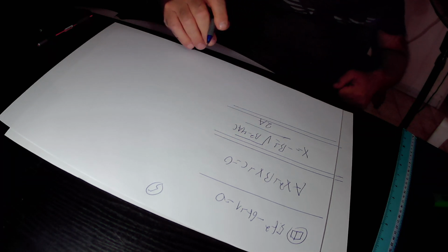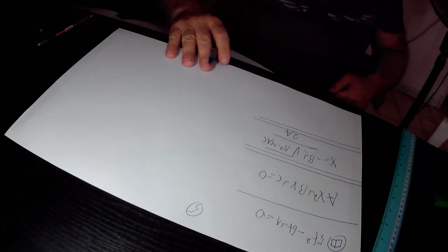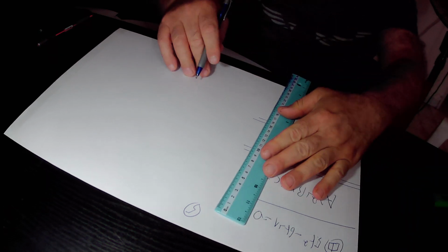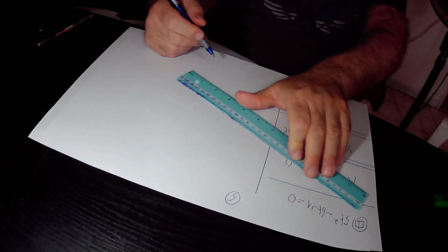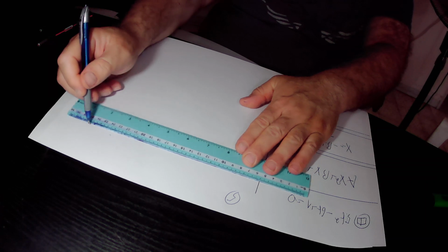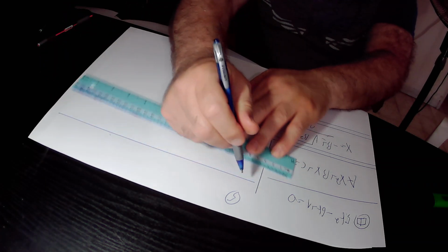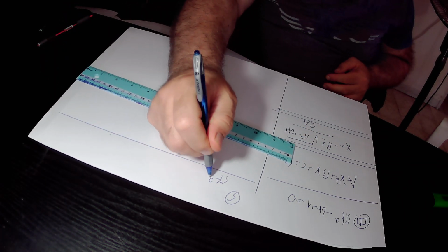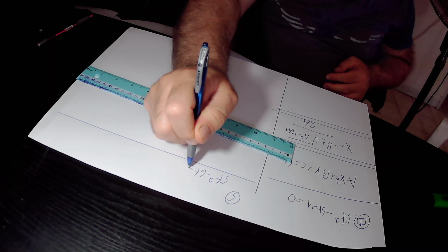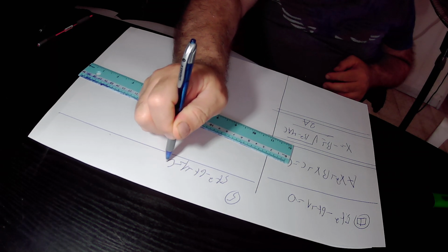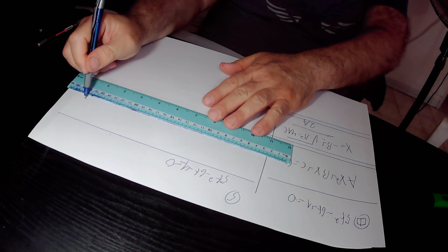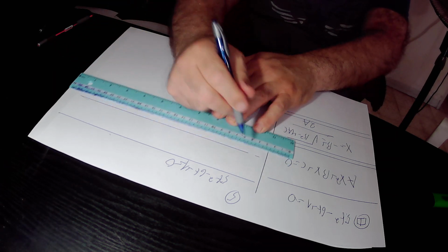In our specific quadratic equation, that is to say, 5t squared minus 6t plus 1 equals 0, the variable that we are looking for is t.